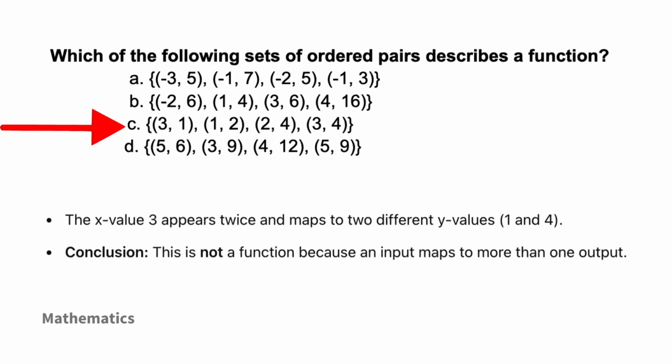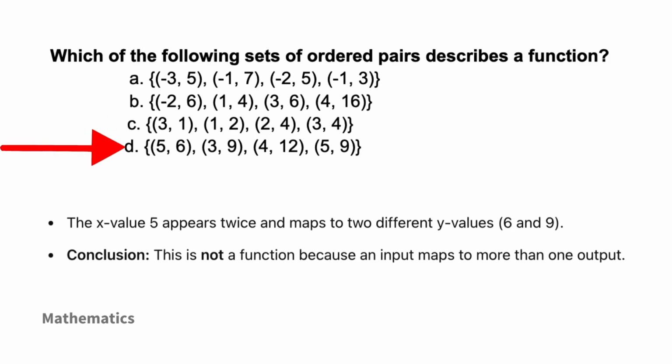So let's do that. We're looking at option C: 3, 1; 1, 2; 2, 4; 3, 4. The x value 3 appears twice and maps to 2 different y values, which are 1 and 4. The conclusion here: this is not a function because an input maps to more than one output. Take a look at option D: 5, 6; 3, 9; 4, 12; 5, 9.